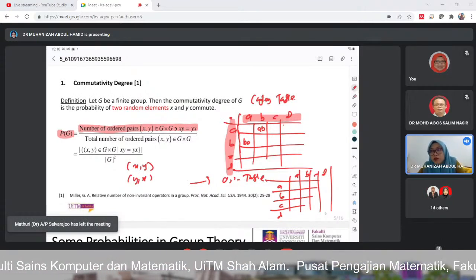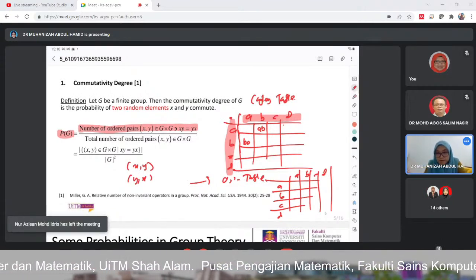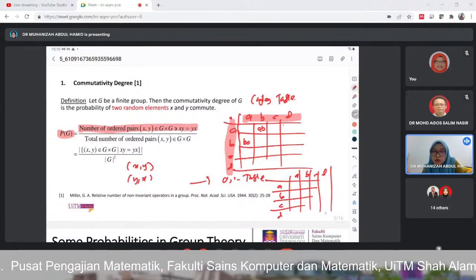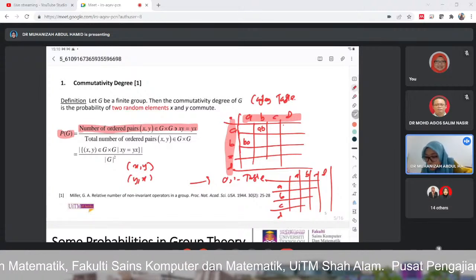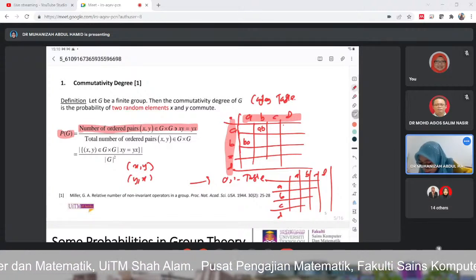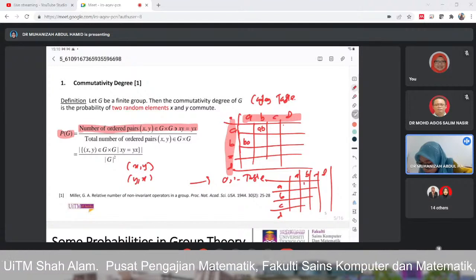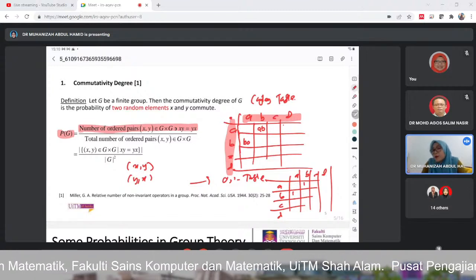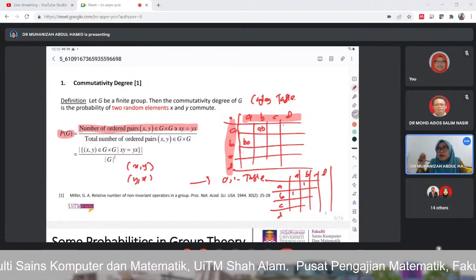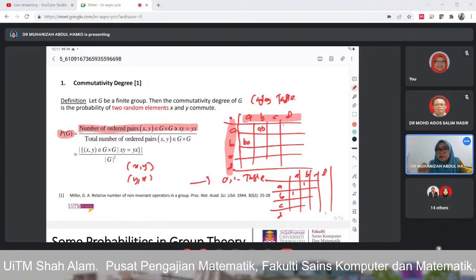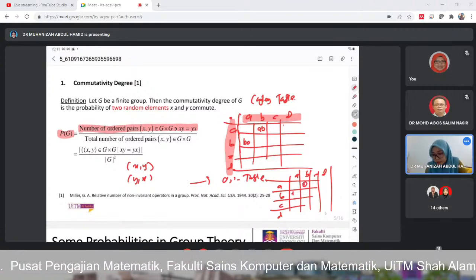It depends on the representation of the group. So let's say these two elements commute. Then we will assign the number 1 in these boxes, BA and AB. Otherwise, if AB does not equal BA, we place the number 0 here.